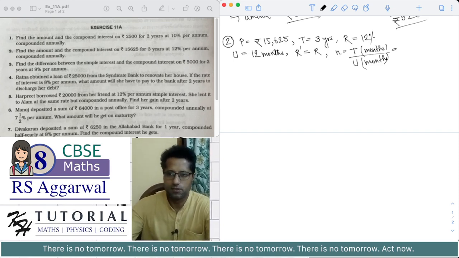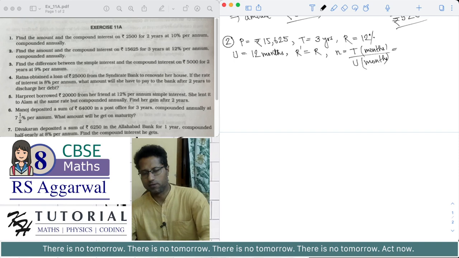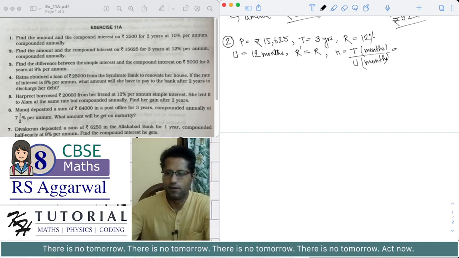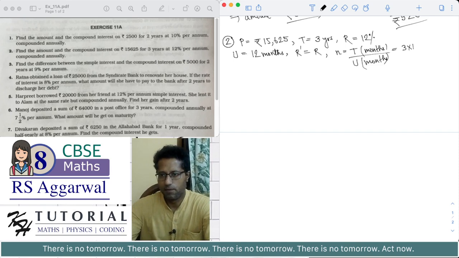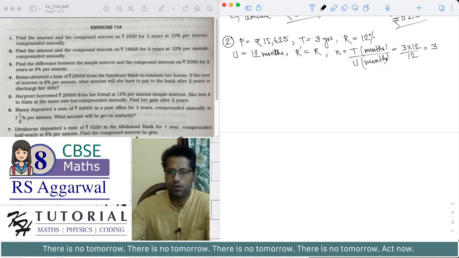Since T is 3 years and U is 1 year, it is obvious that we have to calculate the interest 3 times. So this is 3 times. Okay. So we have to find the amount and the compound interest.